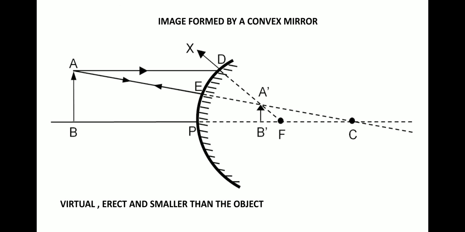This mirror is used in rear view mirrors because if you use a plane mirror, the image formed in the mirror will be quite small. The detail of the image that we see in convex mirrors will be much better than the image formed by plane mirrors.